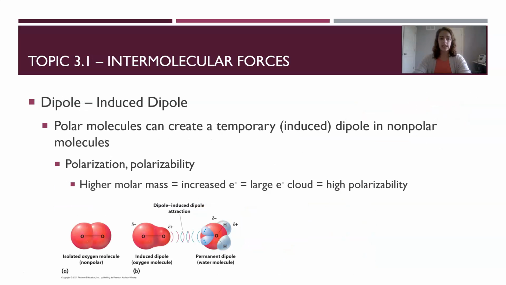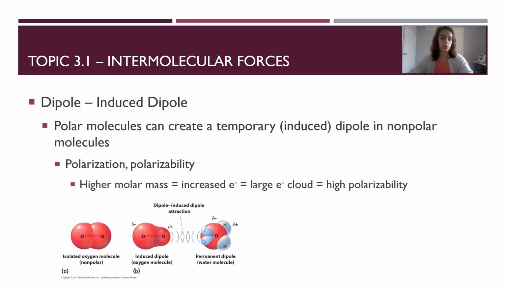And then the next one is dipole-induced dipole. Dipole-induced dipole happens when a polar molecule is next to a non-polar molecule, and what happens is it very briefly causes a dipole. So if we use water as our example, a water molecule always has a dipole, it always has polar bonds.